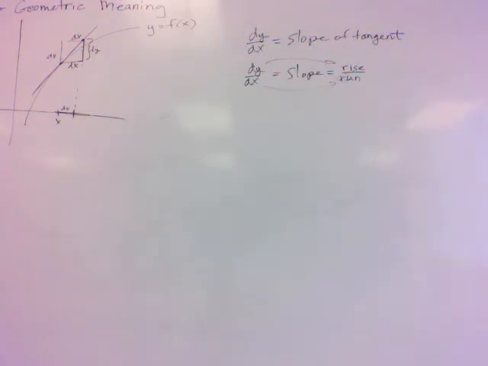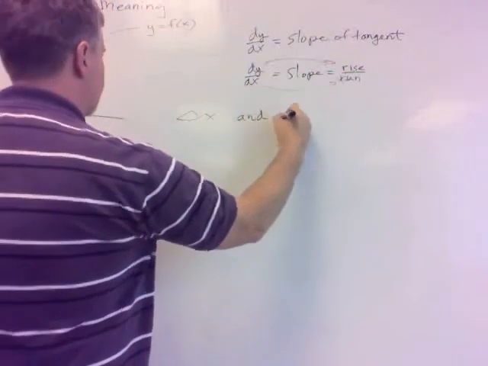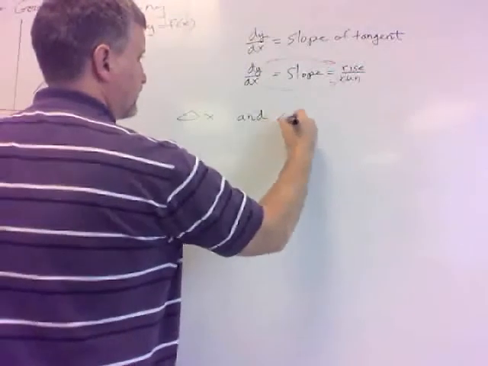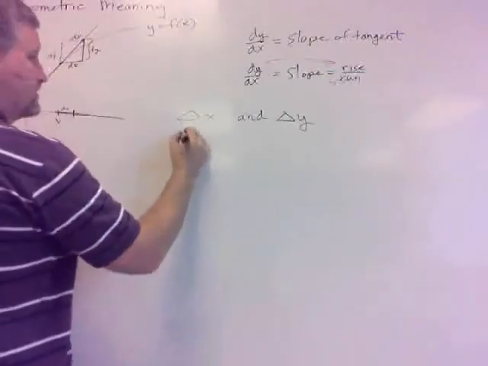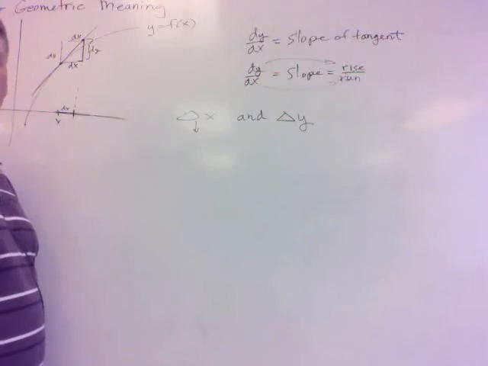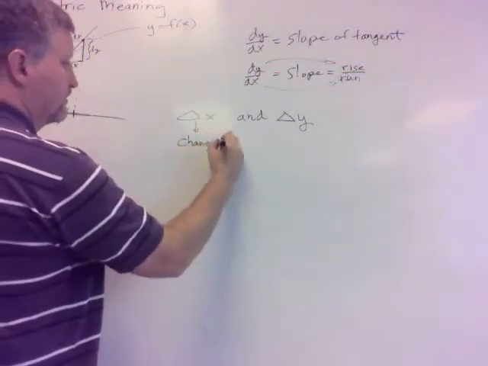We can do some more kind of approximating, if you will, but let's also talk about delta x and delta y. Delta x and delta y is, the delta symbol. Sometimes you've probably seen that before. Change in x, change in y. That's what those mean.